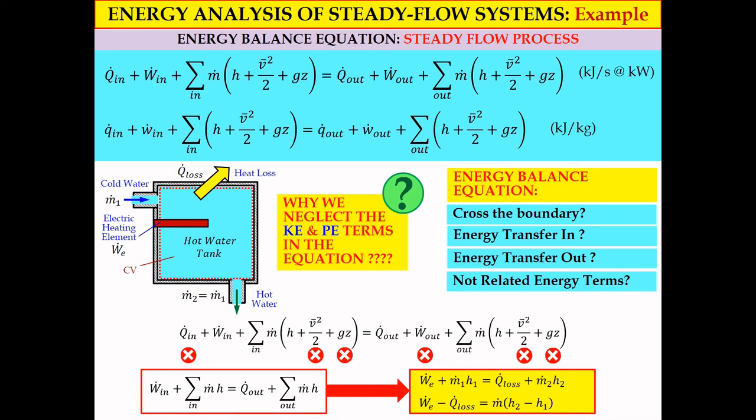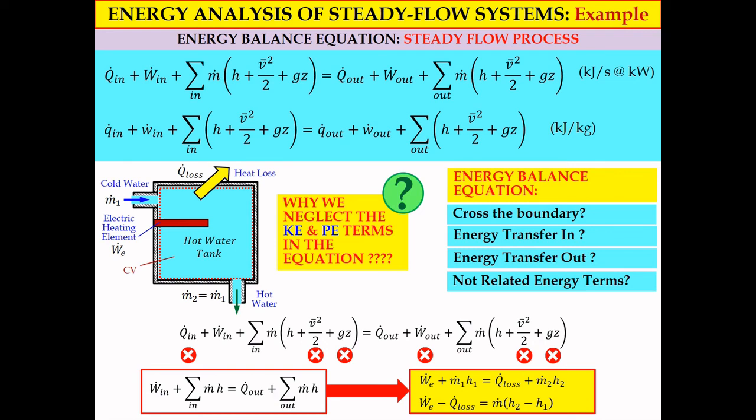For sure, the fluid will have a certain velocity, V1 for example, and the same goes for the mass flow rate at the outlet. For sure, the fluid at the outlet also will have velocity. But now we neglect the term for kinetic energy, because the kinetic energy involves the fluid velocity at the inlet and also at the outlet.